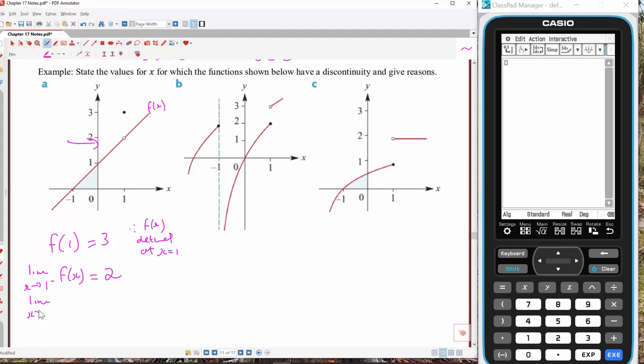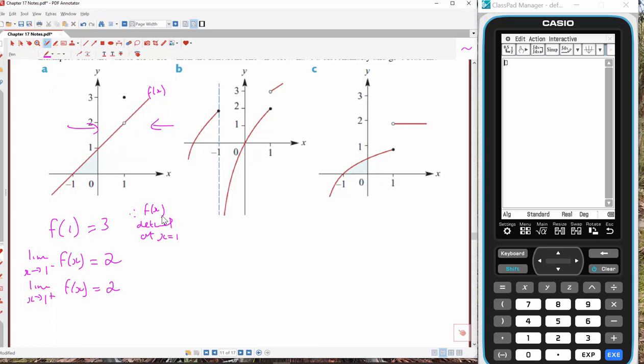The limit as x approaches 1 from the right for the function: let's swing in from the right now, and I can see that it approaches the same value. That's a good sign. It says that the limit exists. But because the limit as I approach from the left and right is 2, which is not the same as the value of the function at that point, I can conclude that the function is discontinuous at x equals 1.